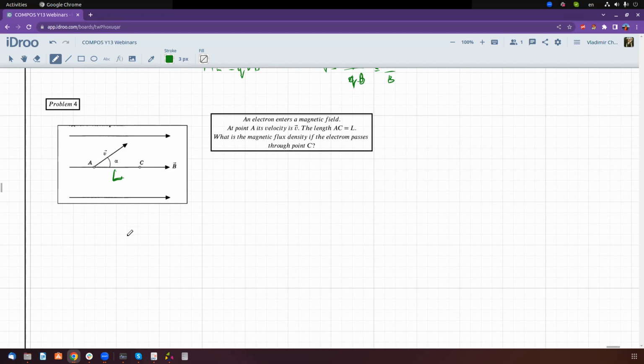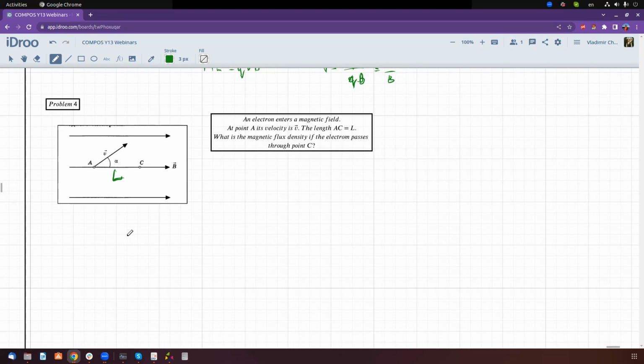Which way would it be pushed? Okay, Adam thinks it would arc up and then down through C. I wouldn't call it an arc.